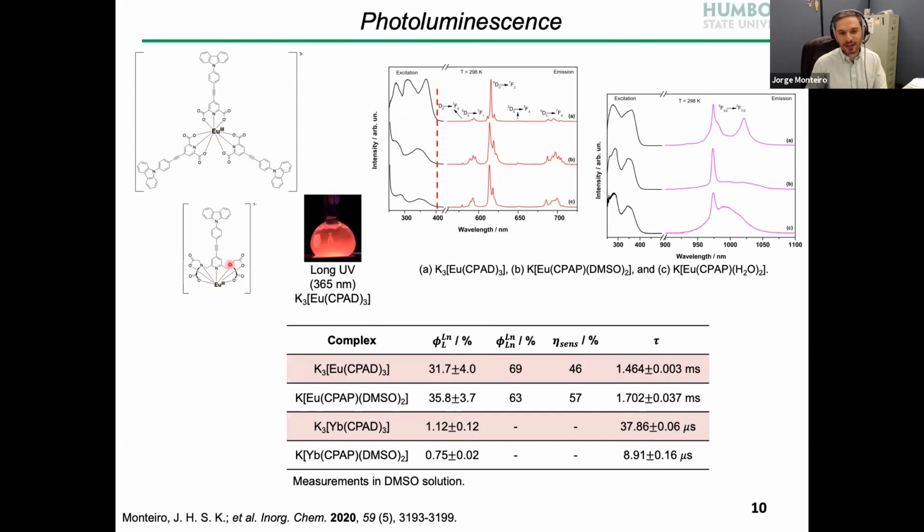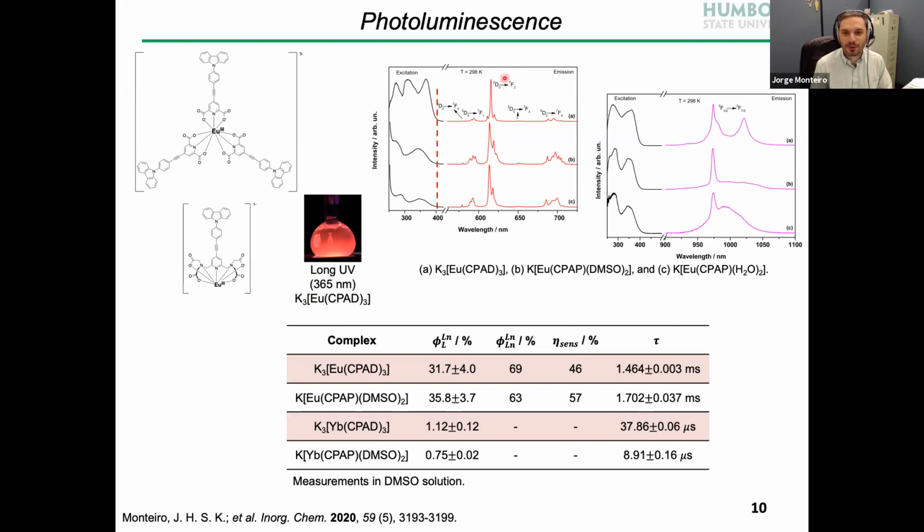And the nice thing of the complex synthesis is that you can see right away if you are successful or not. Just the metal by itself is non-luminescent, and then once you have it with the ligands, it's a very bright and very characteristic red emission from the europium.